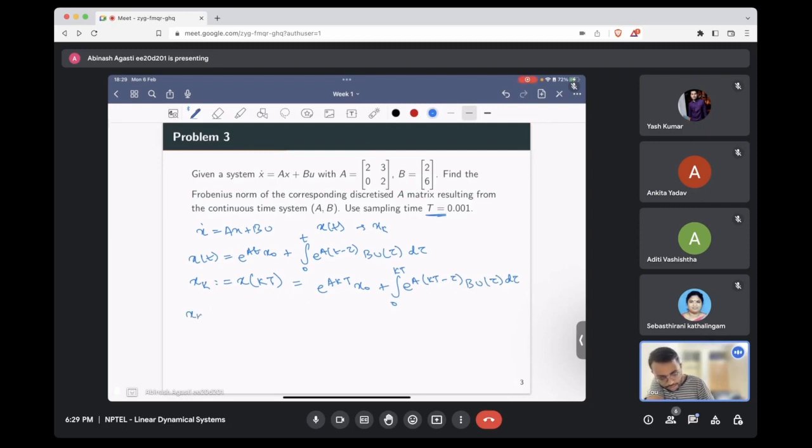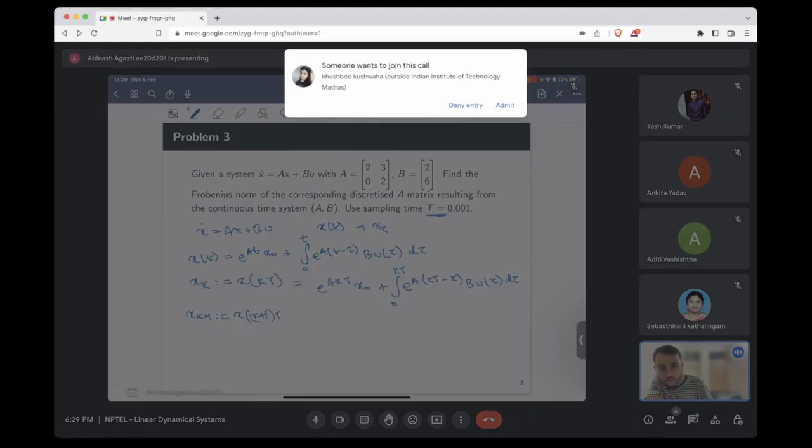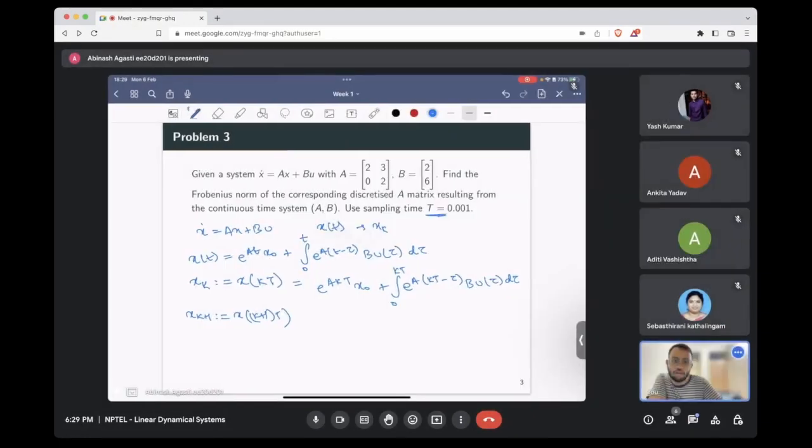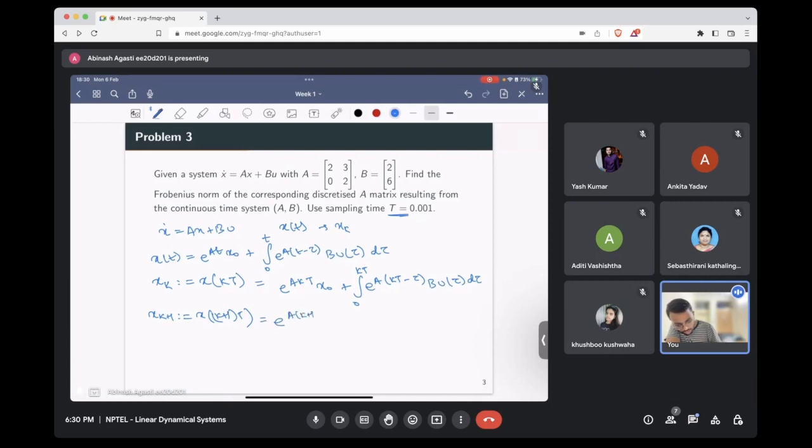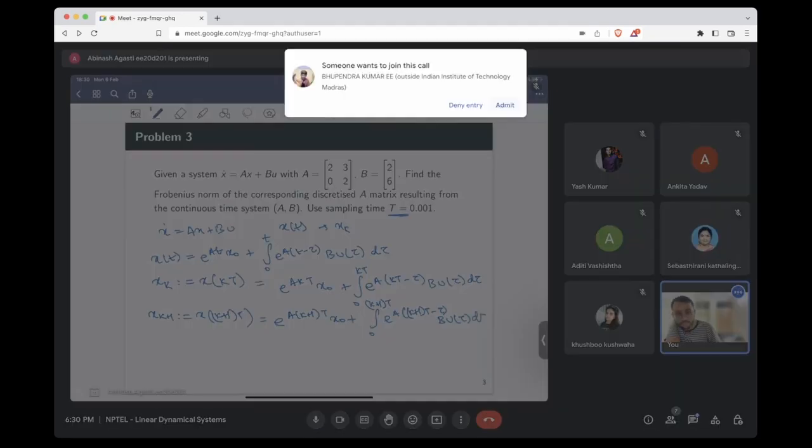Right, now let's write x of k plus 1. This is again x of (k plus 1) into T. And then we have, this is e to the power A(k plus 1)T x naught plus integral 0 to (k plus 1)T e to the power A((k plus 1)T minus tau) B u of tau d tau.